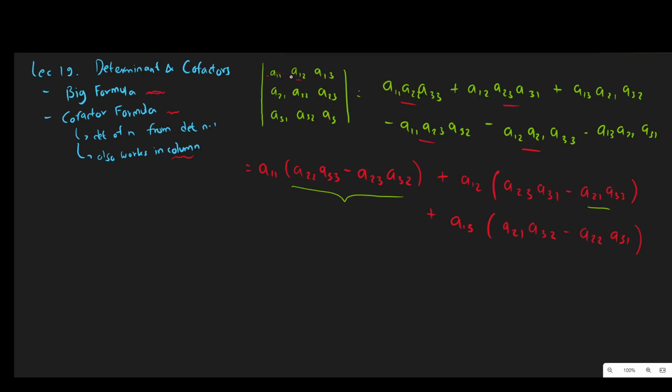But this can also work if you want to go along the column. For example, you can start here at a11 and then look at this matrix. Next you can start at a21 and then look at this matrix, or you can start at a31 and then look at this matrix. So it's actually pretty useful for the determinant.